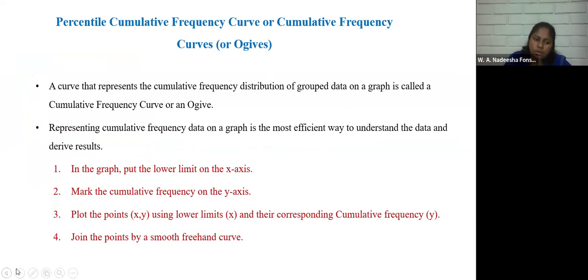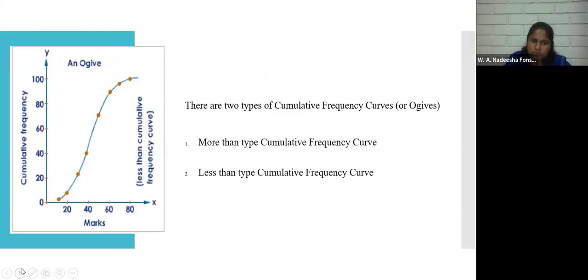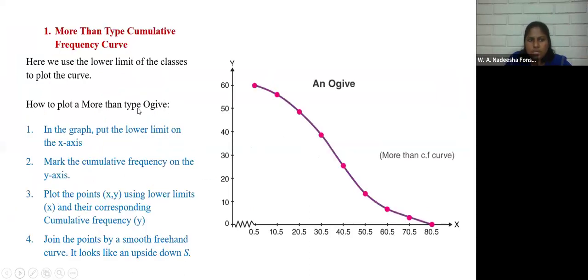That is why we have two types. It is like this. In more than type, we have to consider the lower limits of the classes and the frequency.